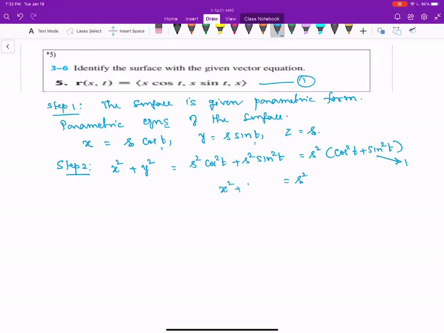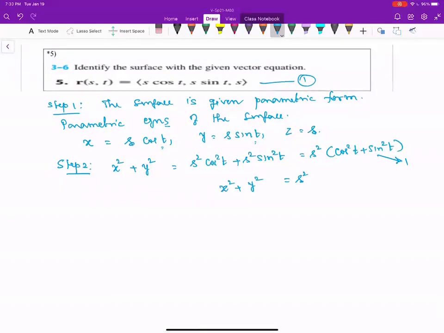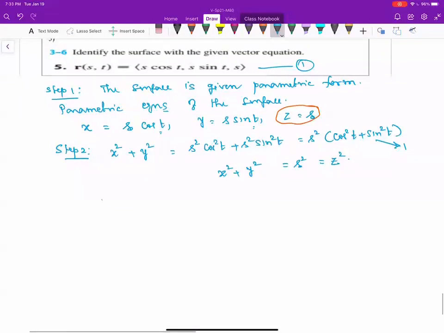That's x square plus y square equal to s square. Can we write s differently? We notice here s is nothing but z. So s square can be written as z square.